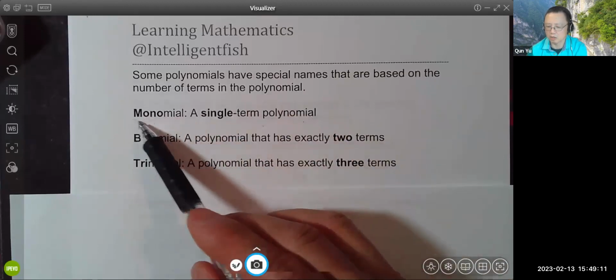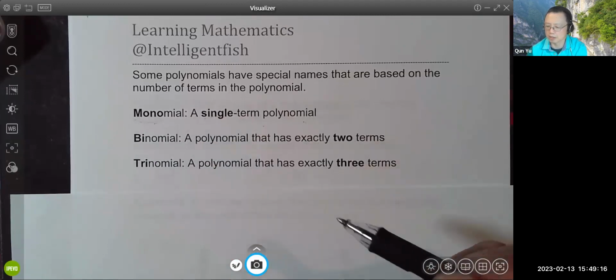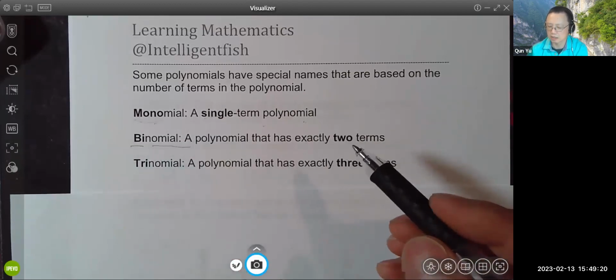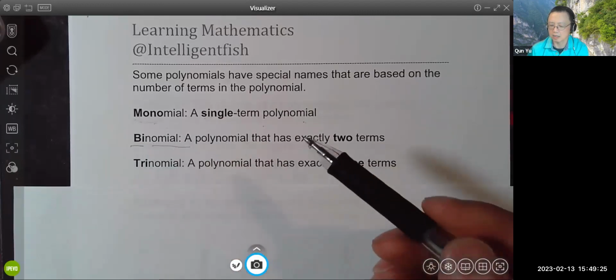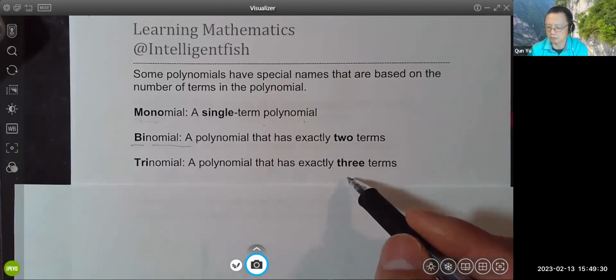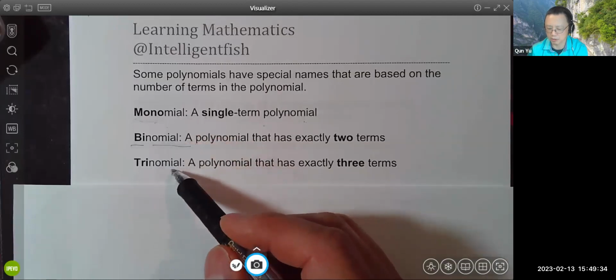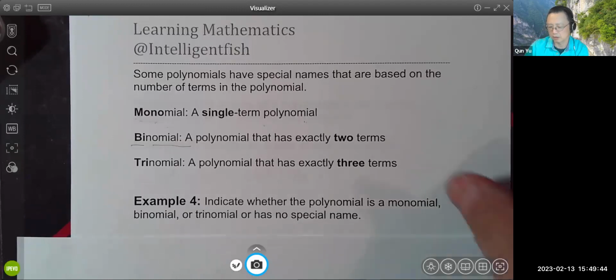That's why we call it a monomial, single term. For a two-term polynomial, we call it a binomial, and also very popular. It has its own name. We also have a special name for a three-term polynomial. We call it a trinomial. So monomial, binomial, trinomial. For anything more than 3 terms, we don't have special names anymore. It's just a regular polynomial.